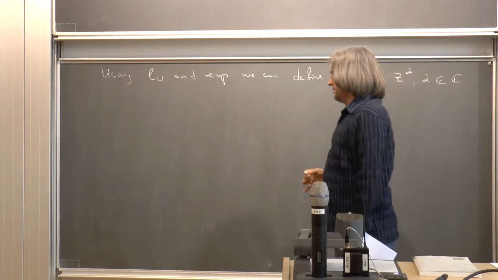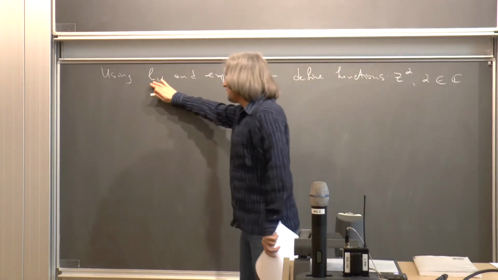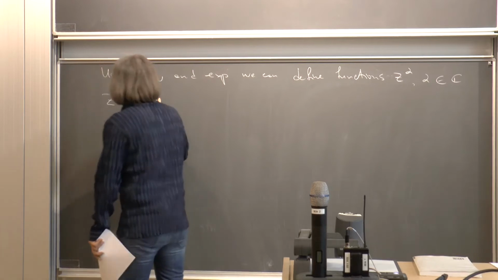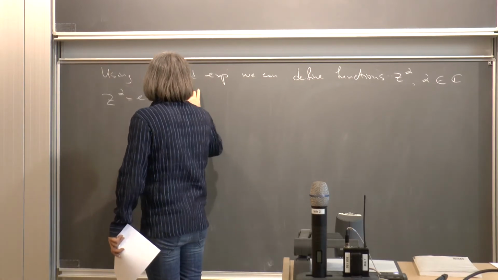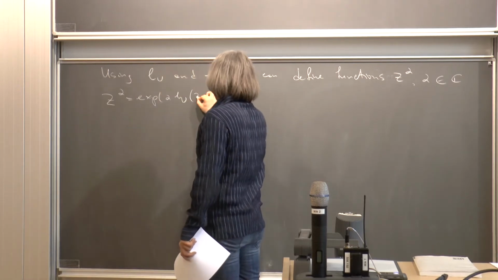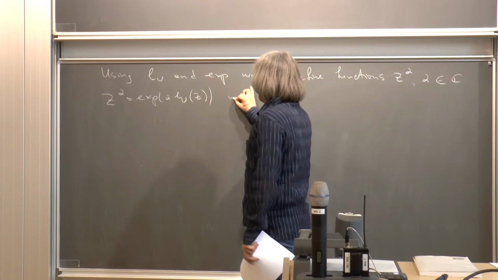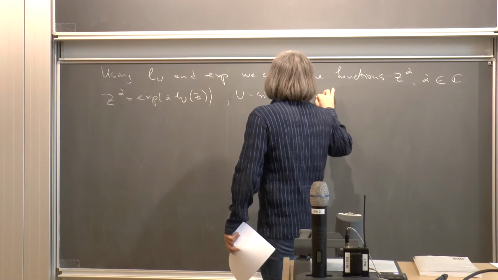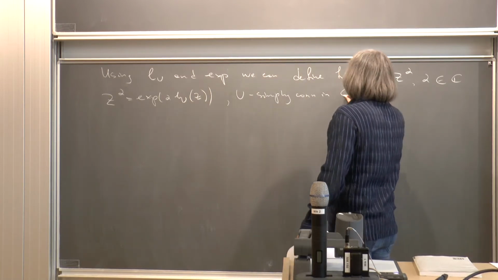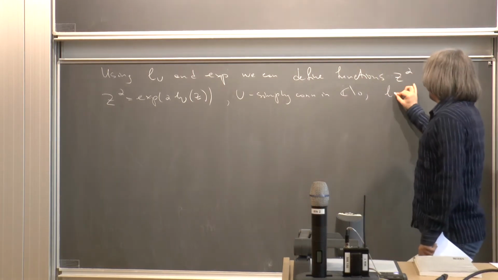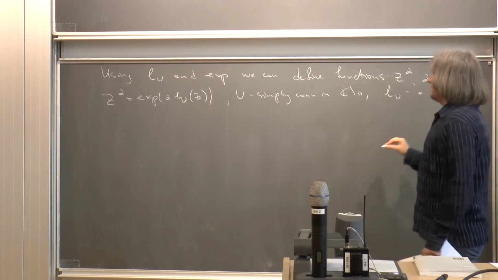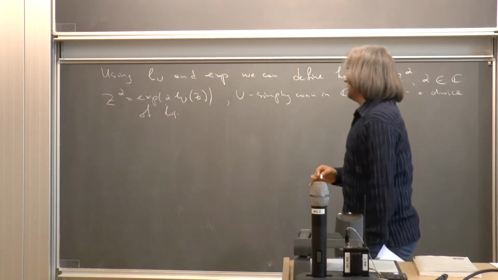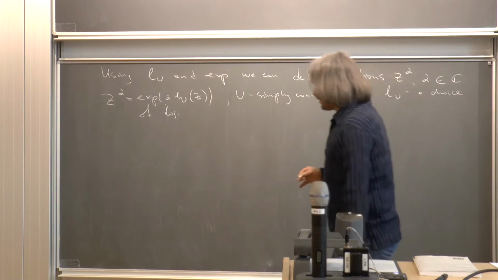And the rule is that if we chose already a logarithm, then our choice of this will be expressed by the obvious formula, wherever U is simply connected in C without 0, and L_U the choice of logarithm.